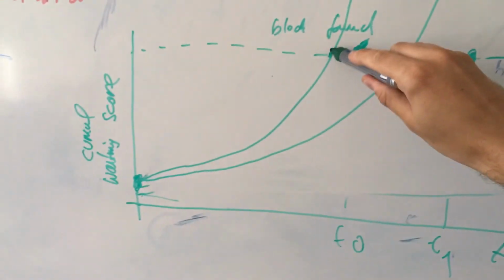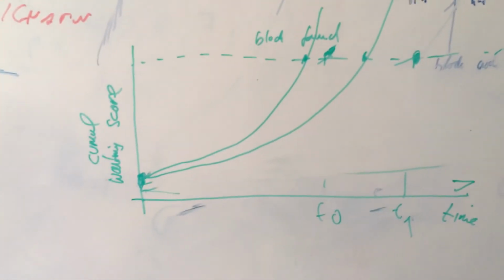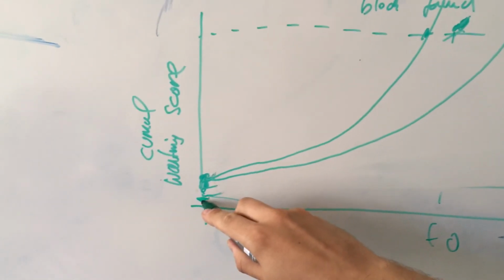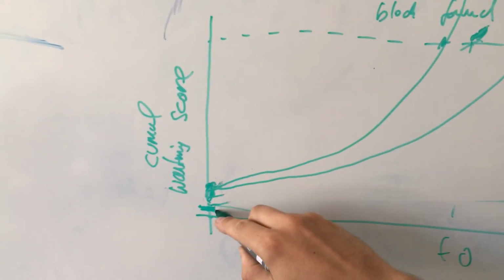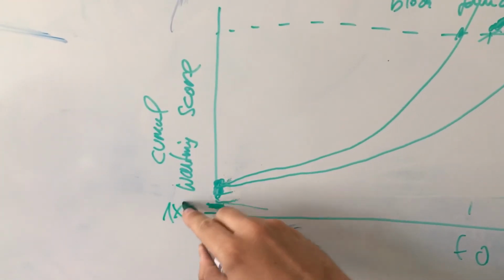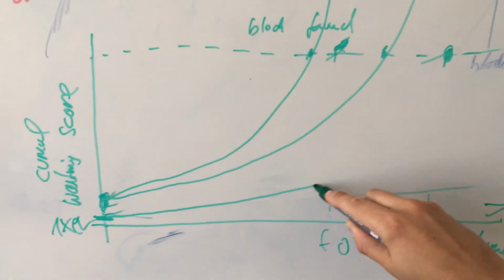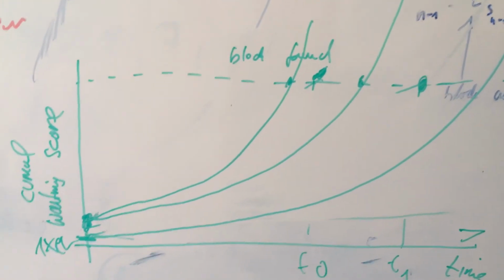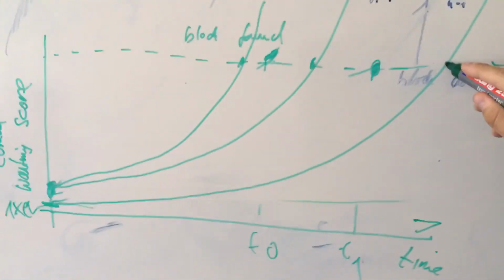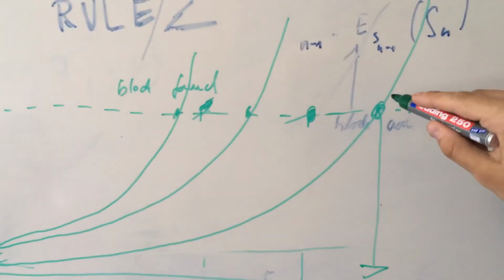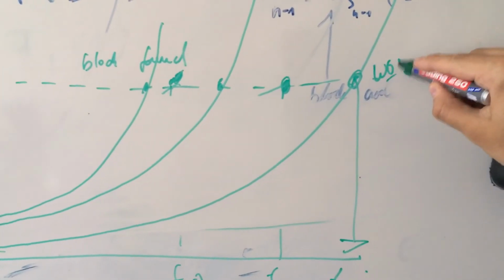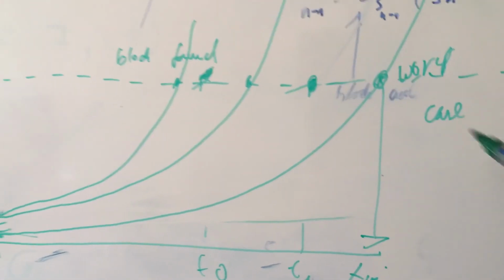And the biggest advantage of this scheme is that you can calculate a worst case. So the worst case would be that the account has just one XEL, and then you calibrate the parameters in a way that this curve goes like this. And this is basically the worst case waiting time.